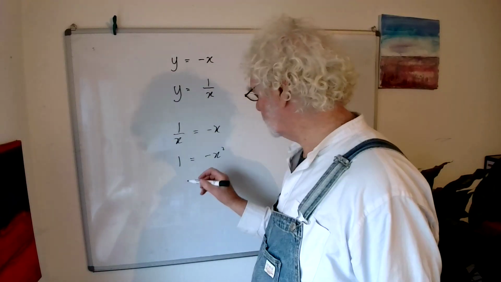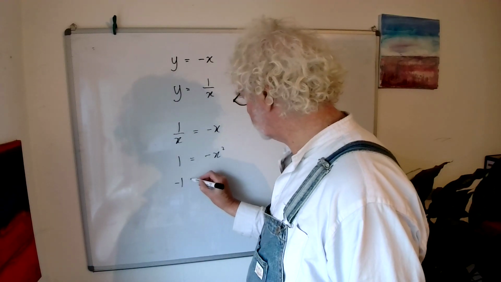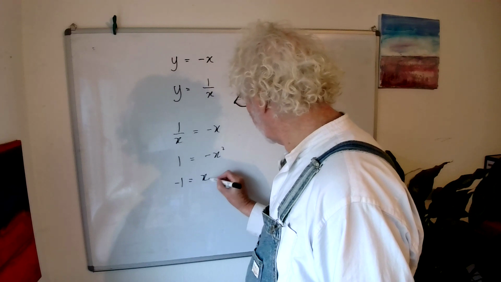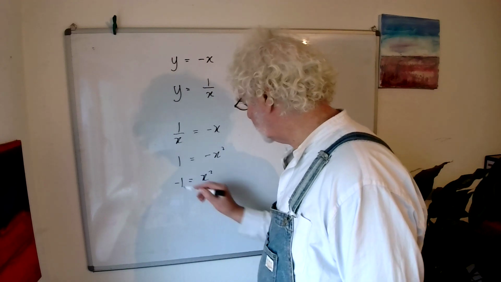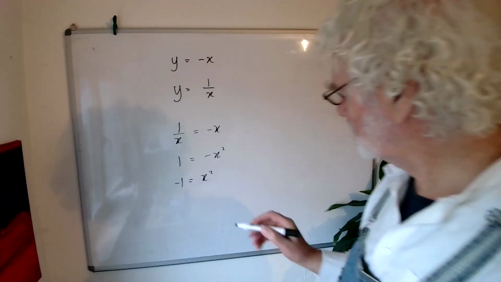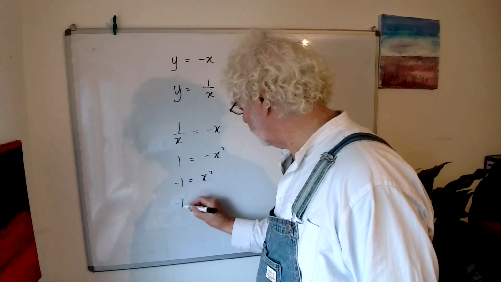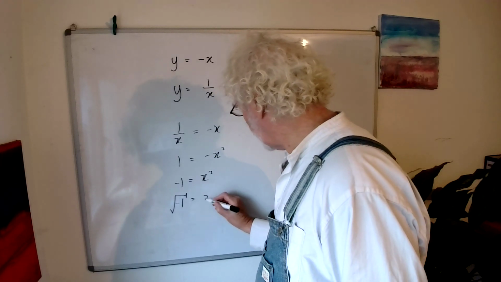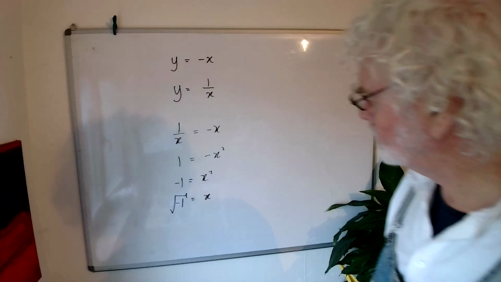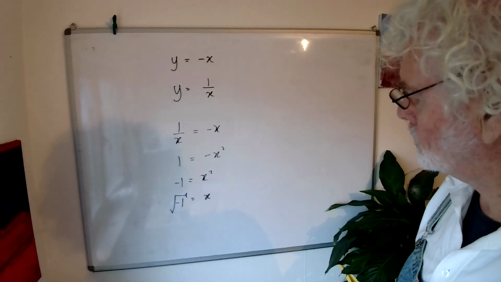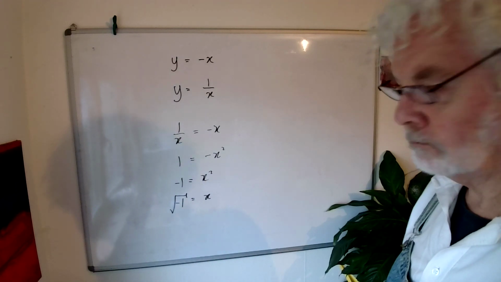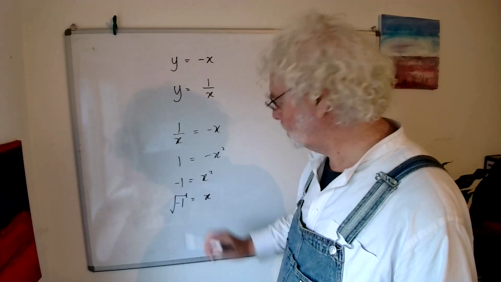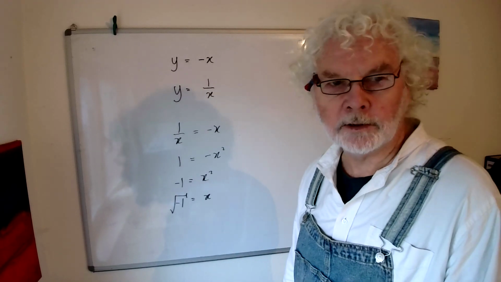Multiplying through by minus 1, we get minus 1 equals x squared. Taking the square roots, we get the square root of minus 1 equals x. So we've got this square root of minus 1. What do you think of that then?